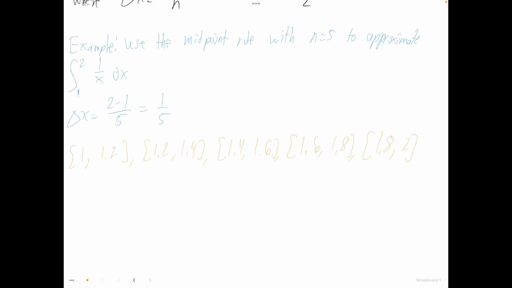And now for the midpoints, we're just taking the thing in the middle of each of these. The middle of 1 to 1.2 is 1.1, then 1.3, 1.5, 1.7, 1.9. Those are the values that we're approximating with.